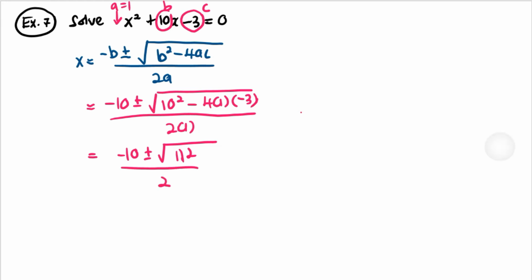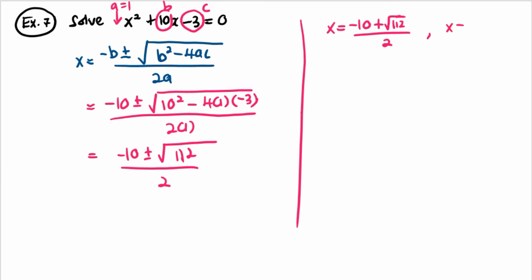This one is divided by 2, with two answers here. Therefore you get x: the first one is negative 10 plus square root 112, divided by 2. Another one will be x equal to negative 10 minus square root of 112, divided by 2. You can use the calculator to find these solutions. Because the answer is in decimal, you can just use 4 significant figures here.